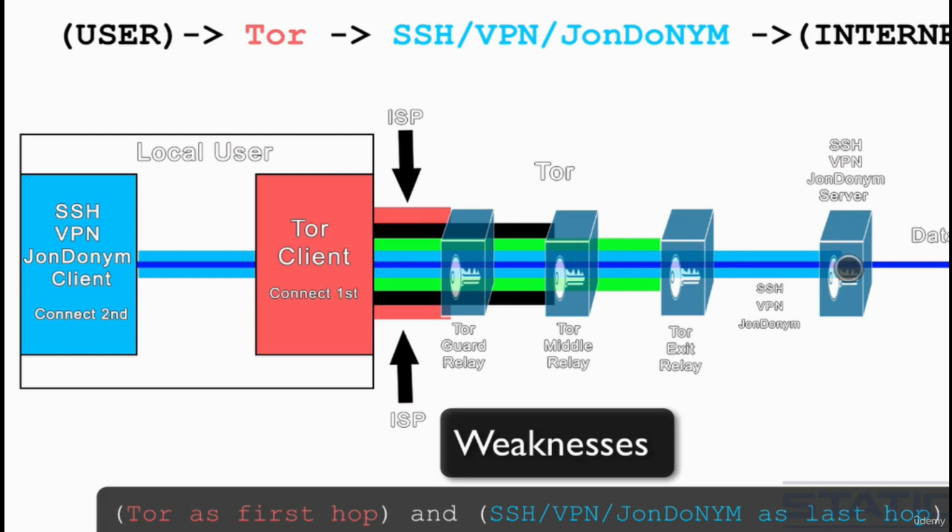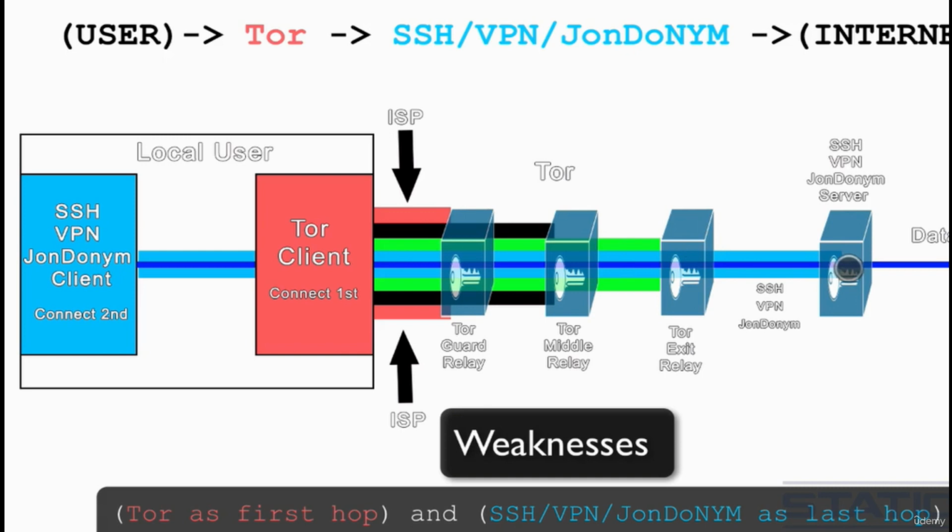Here is a risk with the Jondonym server, where the IP address is visible or stored. The SSH, VPN, Jondonym server is the last server.